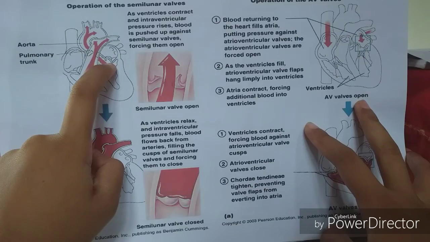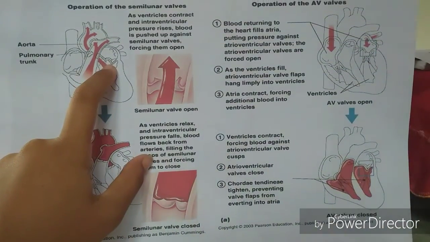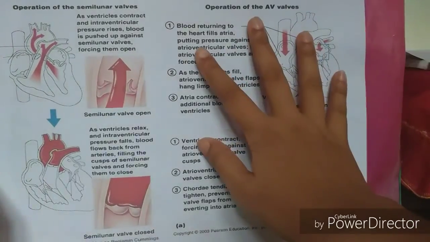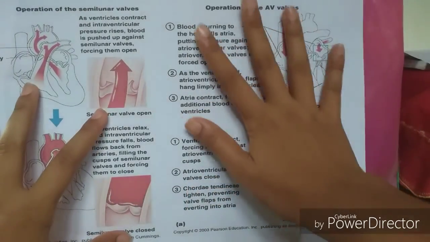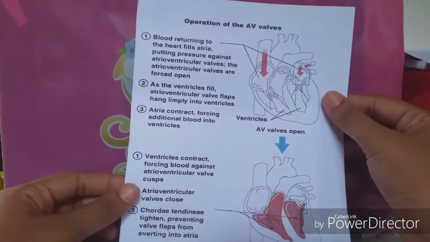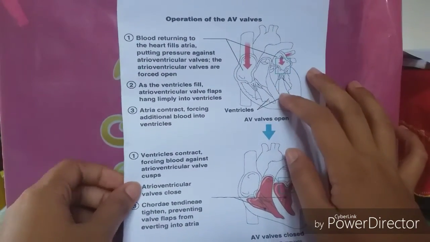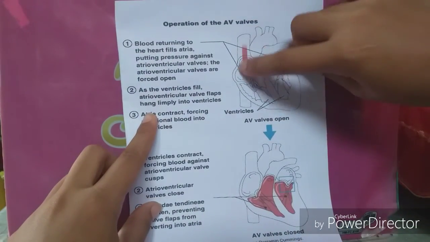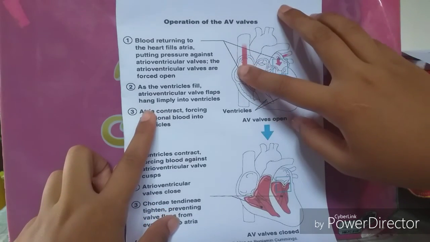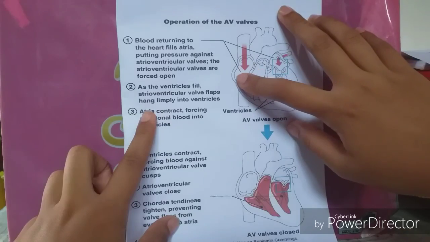So let's focus first on the operation of the AV valves here. The blood returning to the heart fills the atria, putting pressure against the atrioventricular valves.